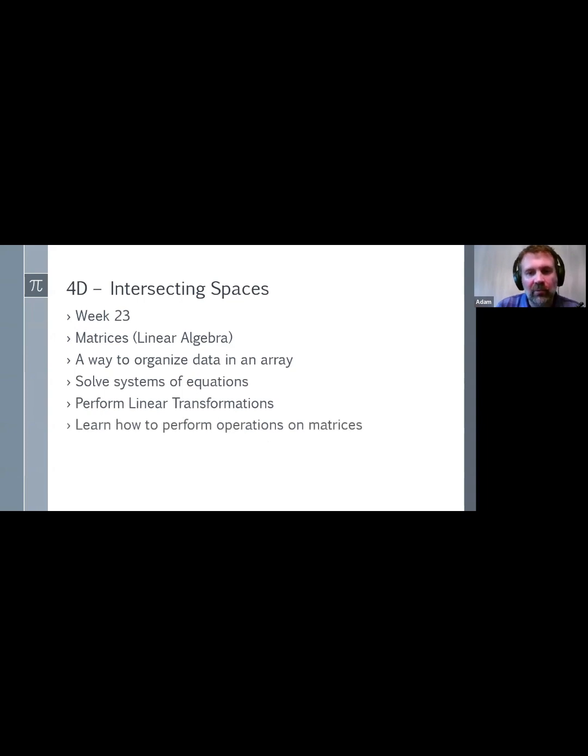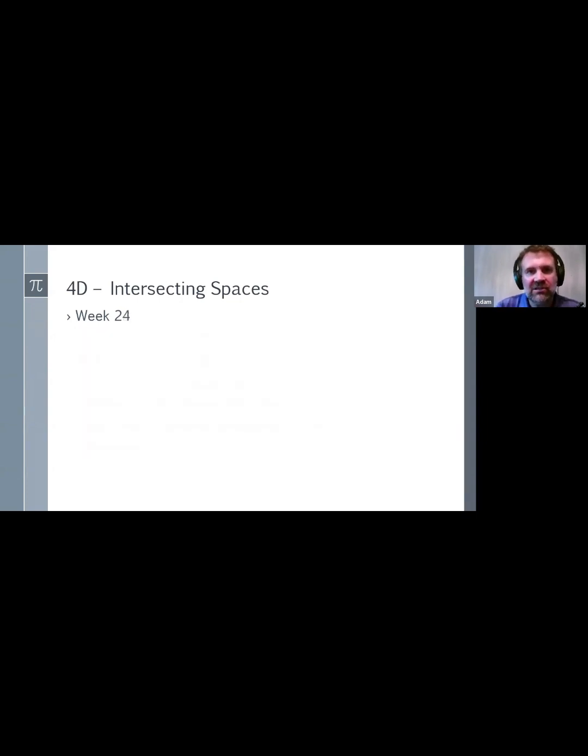You'll learn how to perform operations on matrices, and you'll learn what the determinant of a matrix is. So these are ideas that give you a good glance and a little bit of introduction into matrices.